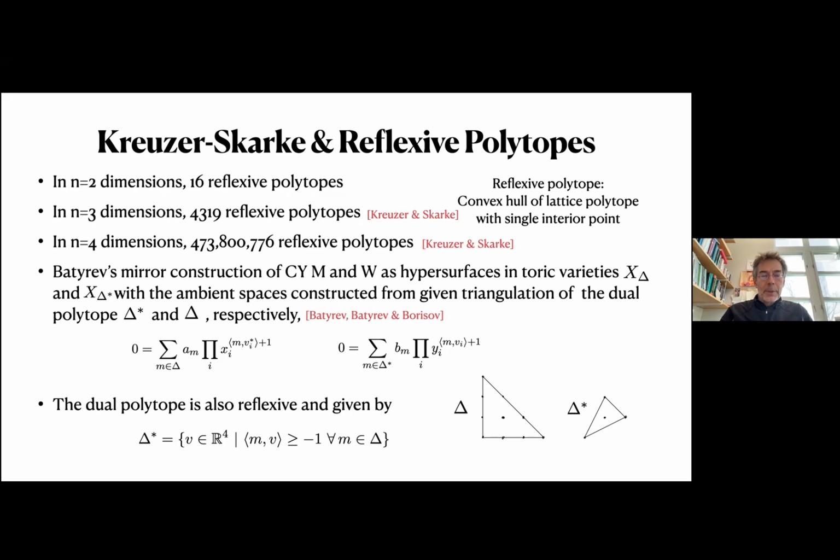So that gives you the ambient space, and then the defining equations are just these hypersurface equations, where the equation over to the left is the one that defines the manifold M, and the equation over to the right is the one that defines W.